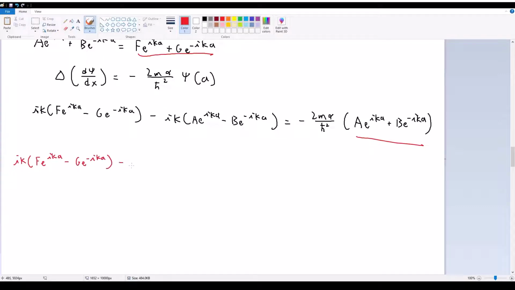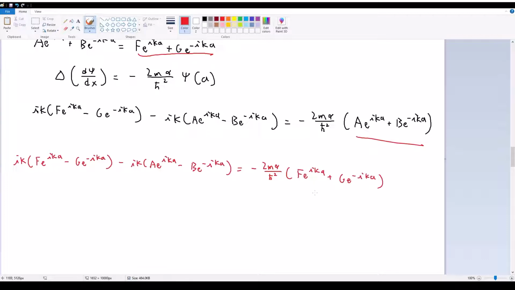And this is subtracted by ik times A e to the ika minus B times e to the negative ika. And this is going to be equal to negative 2m alpha over h bar squared, I'm replacing this with F e to the ika plus G times e to the negative ika.